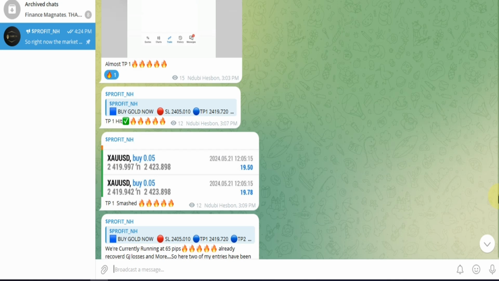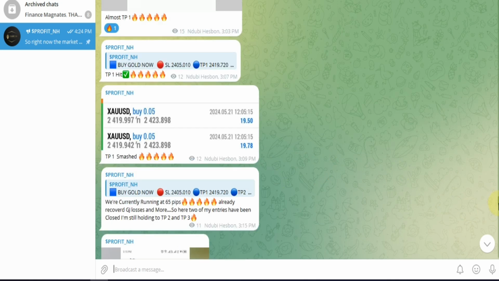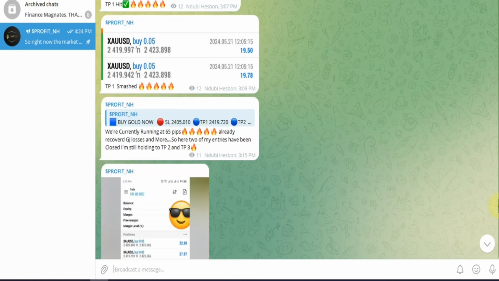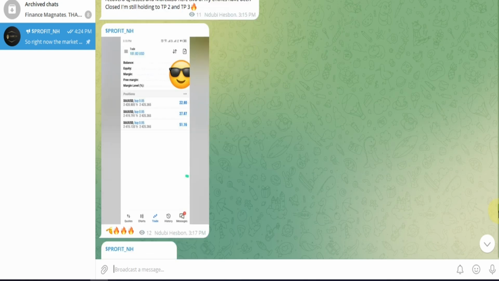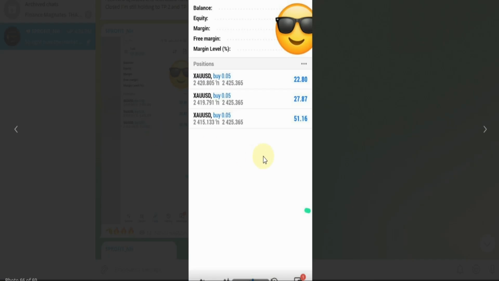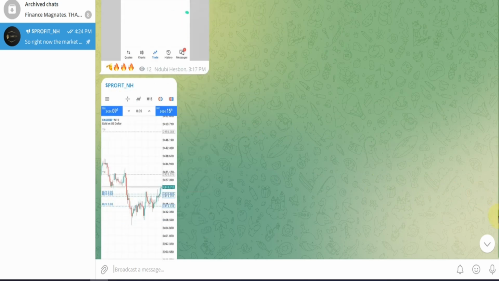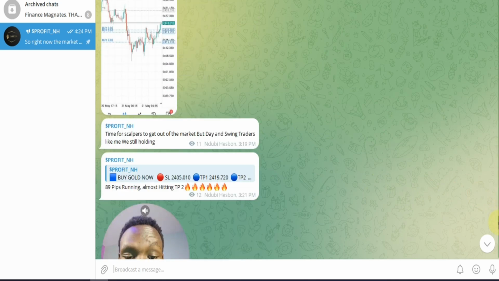So I shared all these entries with them, guys. I told them where to enter and where to exit the market. For scalpers, I told them to get out of the market, and for swing traders, to continue holding. At this point the market had already taken my TP1, so I was still holding those three. Then my TP2 was taken at this point.